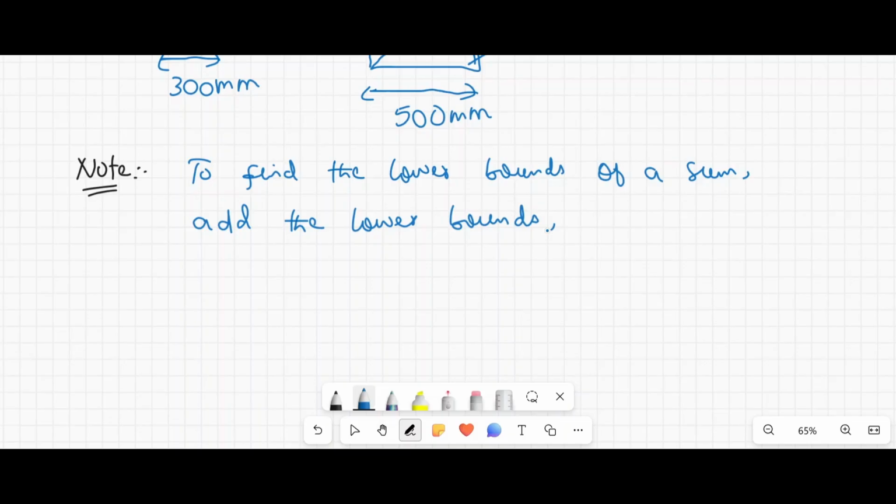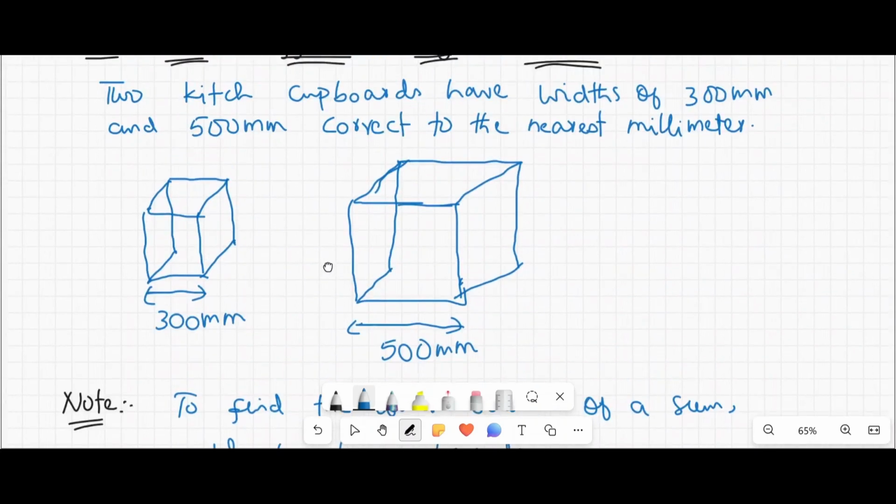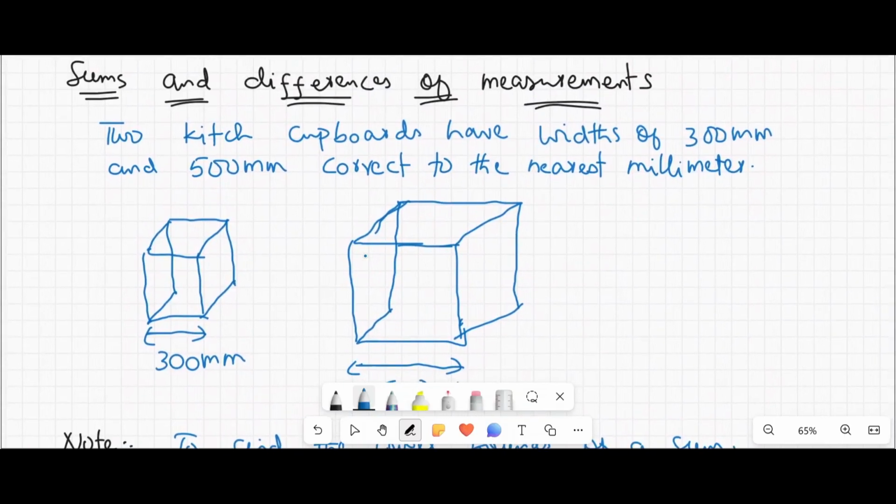So first of all, we will find the lower bounds and upper bounds of both. To find the lower bound, we first find the accuracy.